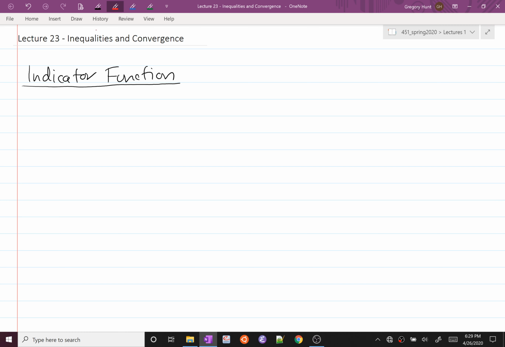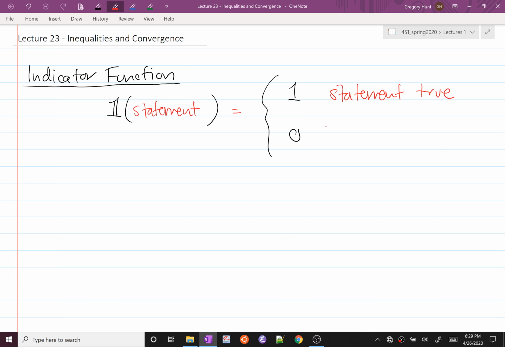Typically we'll denote it with a bold 1, and we'll say bold 1 of some statement, and this is going to be 1 if the statement is true, and it's going to be 0 if the statement is, of course, false.